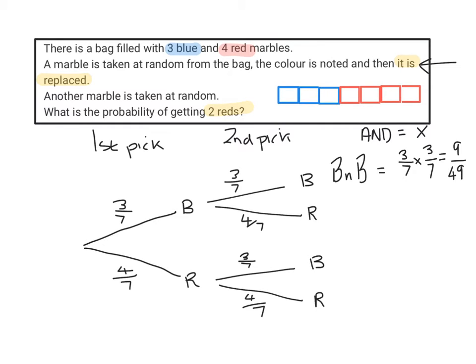So the next one is a probability of blue and red. So blue and red is 3 out of 7 times 4 out of 7. So that's going to be 3 times 4 is 12. 7 times 7 is 49. Next one, a red and then a blue is 4 out of 7 times 3 over 7.